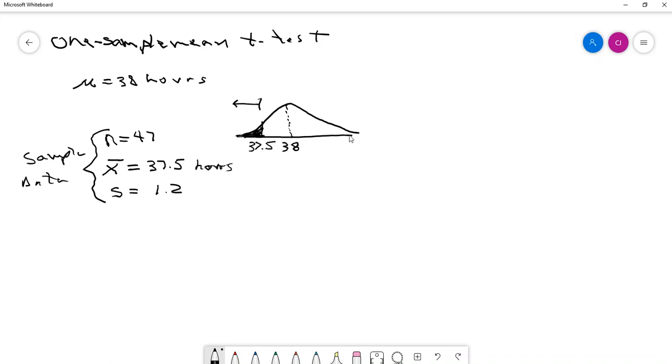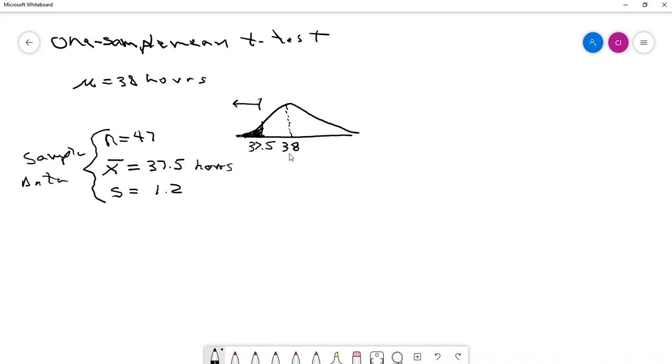Now, we could have run a two-tail test here, but that wasn't really our goal. We could have said, well, if it's above, we want to know too. But we're assuming that there was a lot of testing involved and that they were pretty sure that it was going to be as good or less than what it is right now.